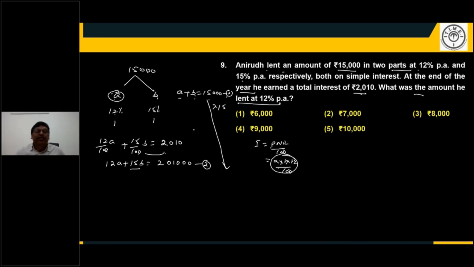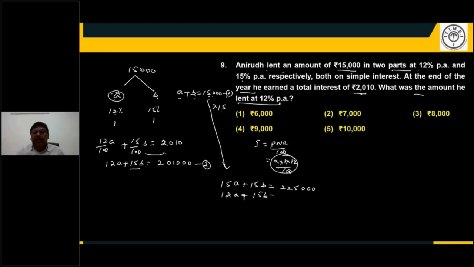If you multiply with 15, what happens? 15A plus 15B will be 15 into 15, 225, that is 225,000.